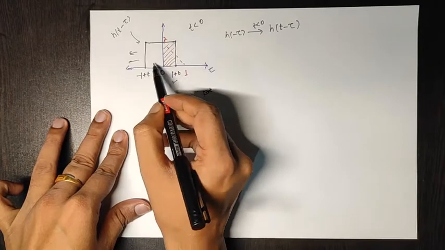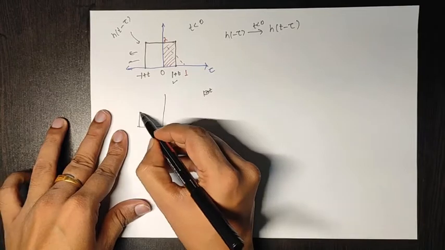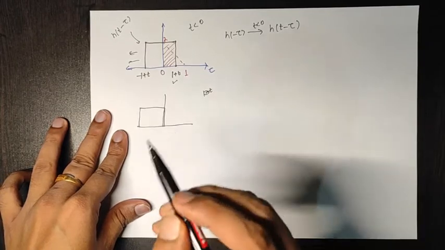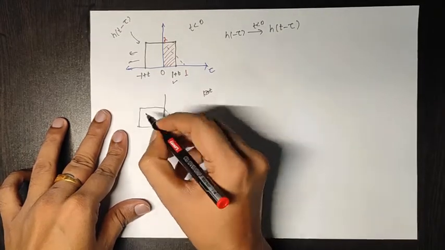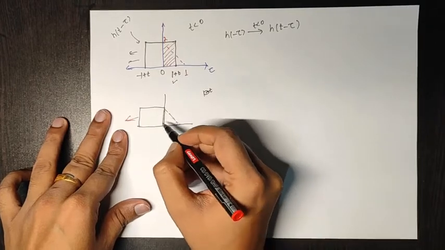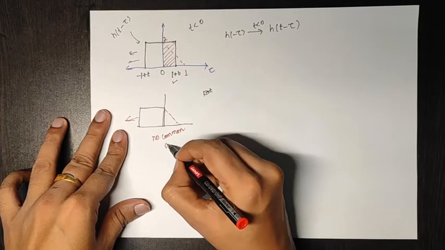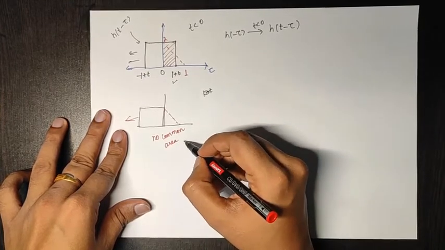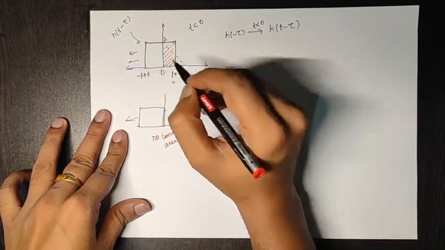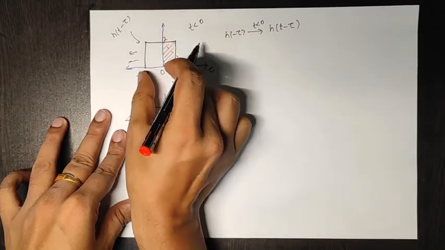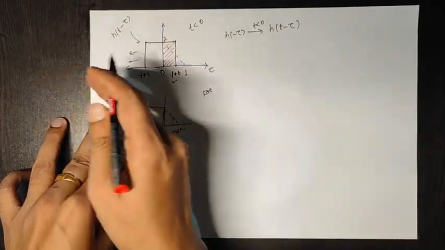I'm drawing roughly, the maximum that we can do the shifting is up to here. If we shift further, there will be no common shaded area. Hence there will be no area product, and then we will get no output. So the maximum we can shift is 1 unit leftward.